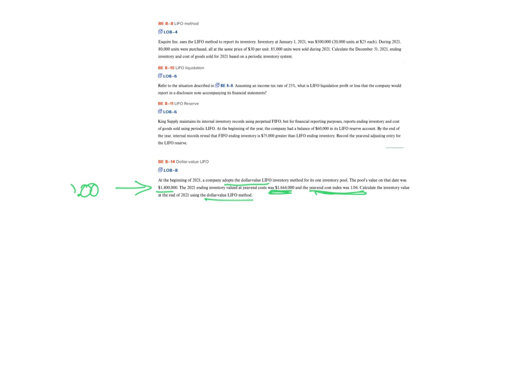So our first step is to deflate the 1.664 million to base year prices. To do that, we take 1.664 million and divide by the cost index of 1.04. This produces 1.6 million. Now we're going to compare back. We had a base year amount of 1.4 million, so we go up 200,000.